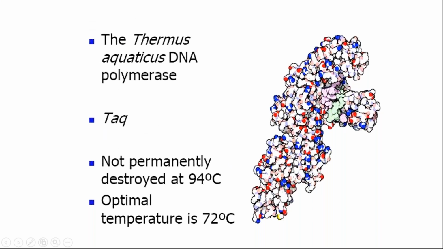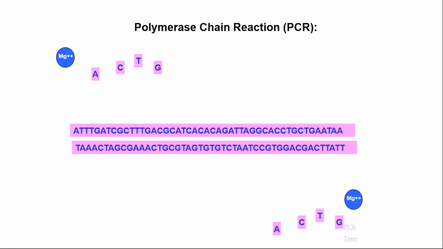It is very heat stable, stable even at 94 degrees centigrade, and the optimal temperature for its reaction is 72. These temperatures are very important. Please remember these temperatures when we see how the PCR cycles or reaction is done.